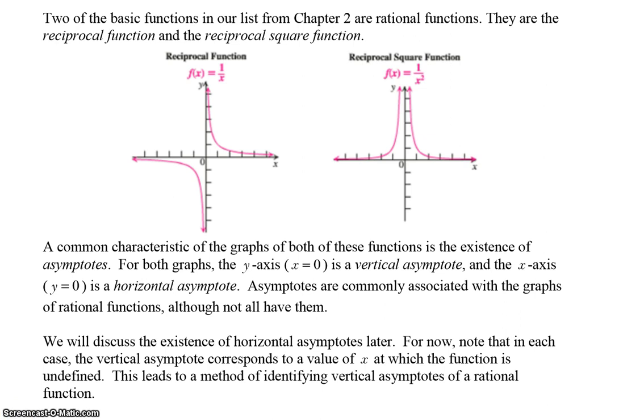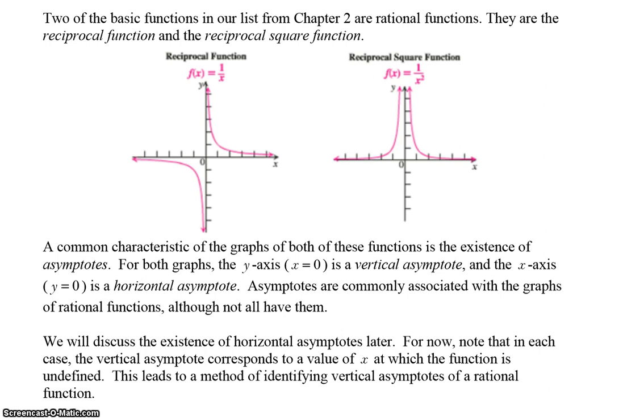There are actually three different types of asymptotes that we'll consider for rational functions. We've already mentioned horizontal and vertical asymptotes. The reciprocal and reciprocal square function each have one horizontal and one vertical asymptote. We'll deal with how to identify horizontal asymptotes later.